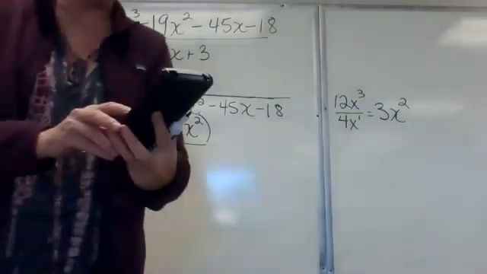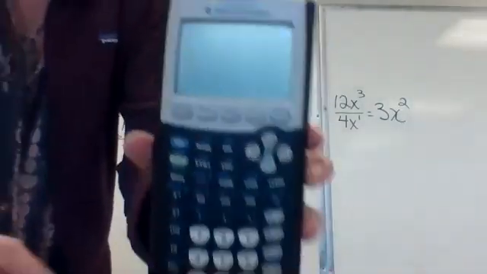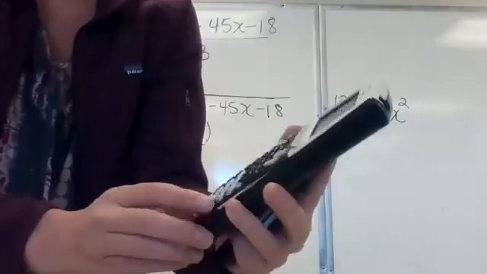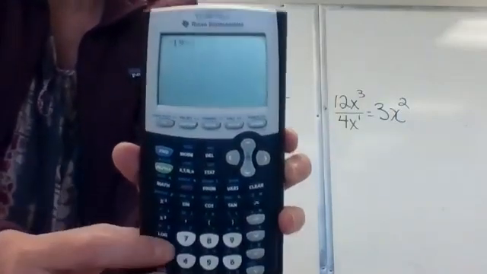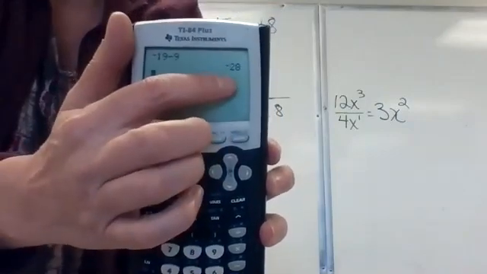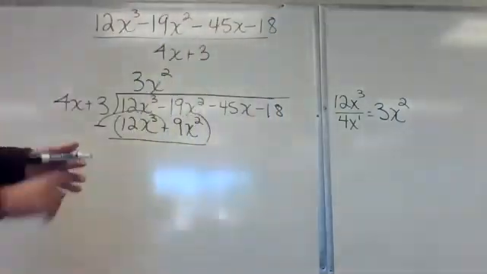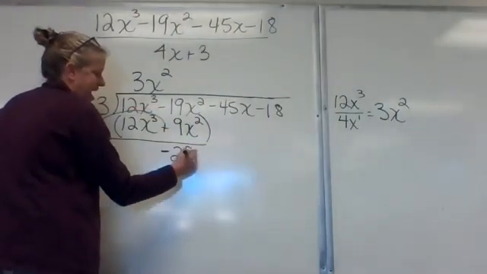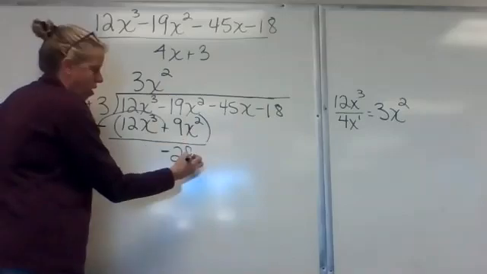So again, just in your home screen, just type it in. -19 -9. So that'll give me -28. So drop this down. That's -28x squared.